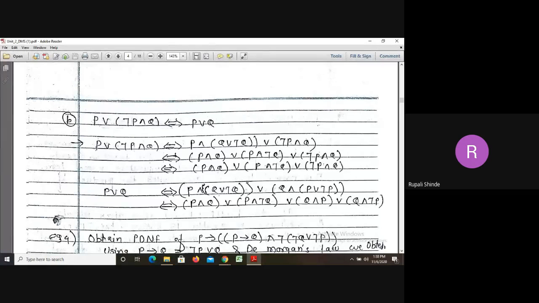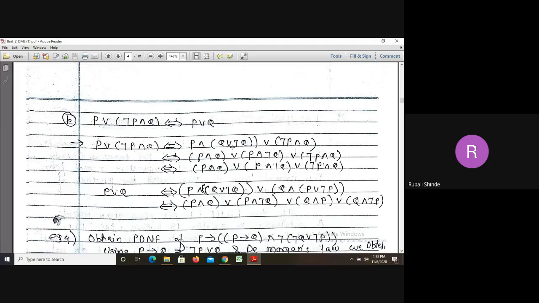So we can treat P as the first term, and negation P and Q as the second term. Now for this first variable P, Q is missing. That's why we have to add it as P and (Q or negation Q). Or negation P and Q we kept as it is because this bracket contains both the symbols.